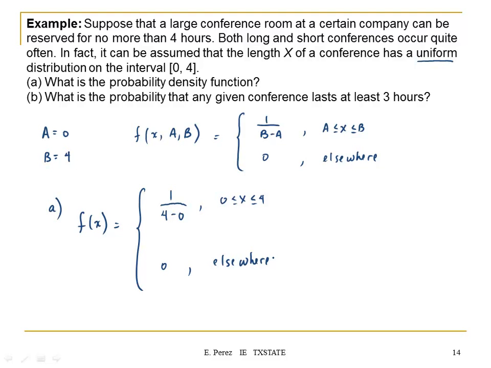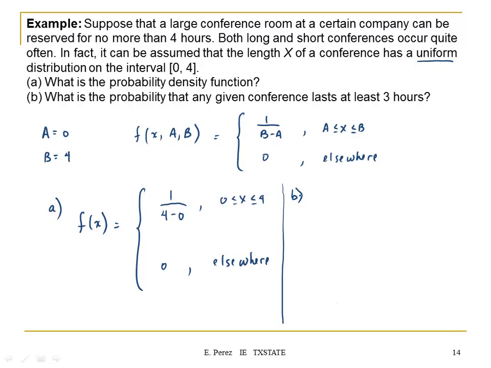Now, part B. Part B is asking what is the probability that any given conference lasts at least 3 hours. So what probability are we looking at? At least 3 hours, so 3 or more, right?